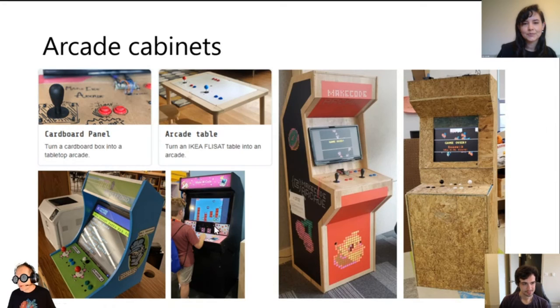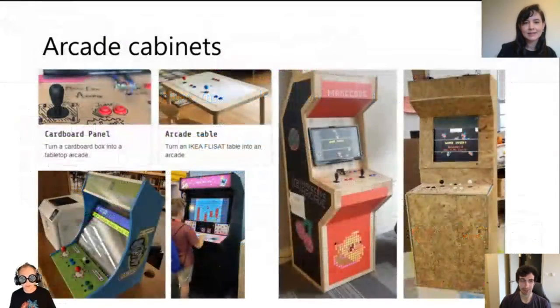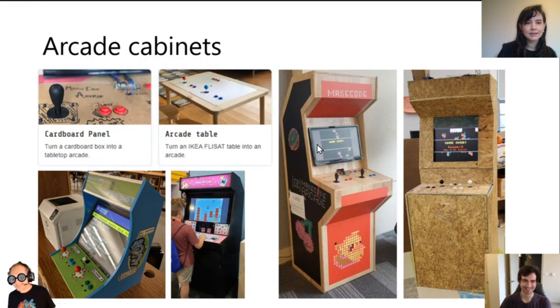These two in the lower corner are tables built by our users. And imagine if you're in a school and you want to reward the kids, they could upload their games on these cabinets. So super cool. We have guides to make all of them. These will require power tools, so you're on your own.